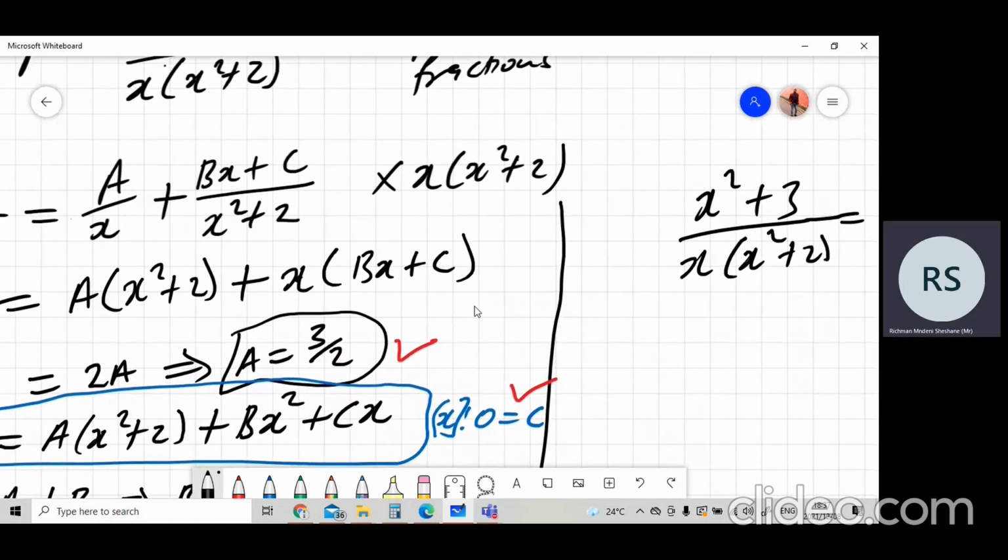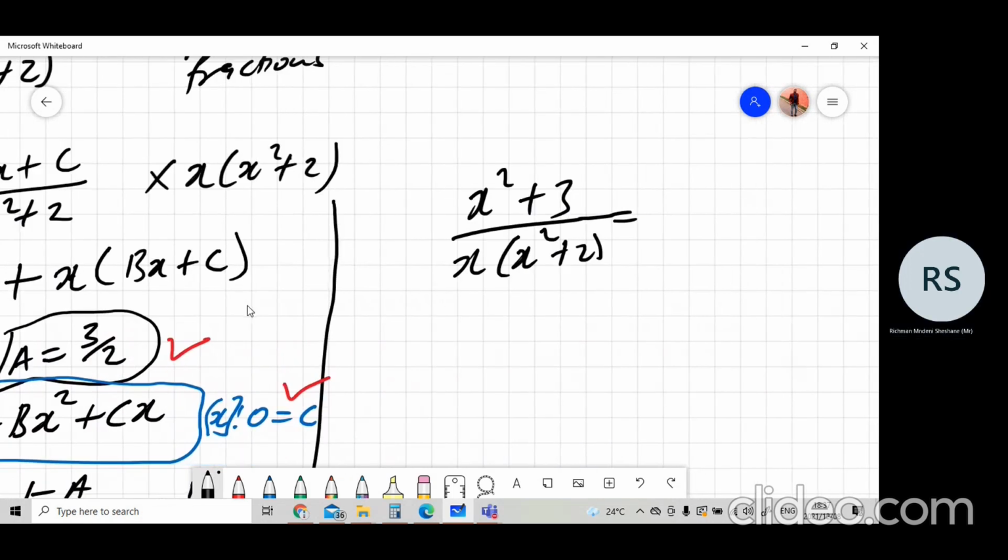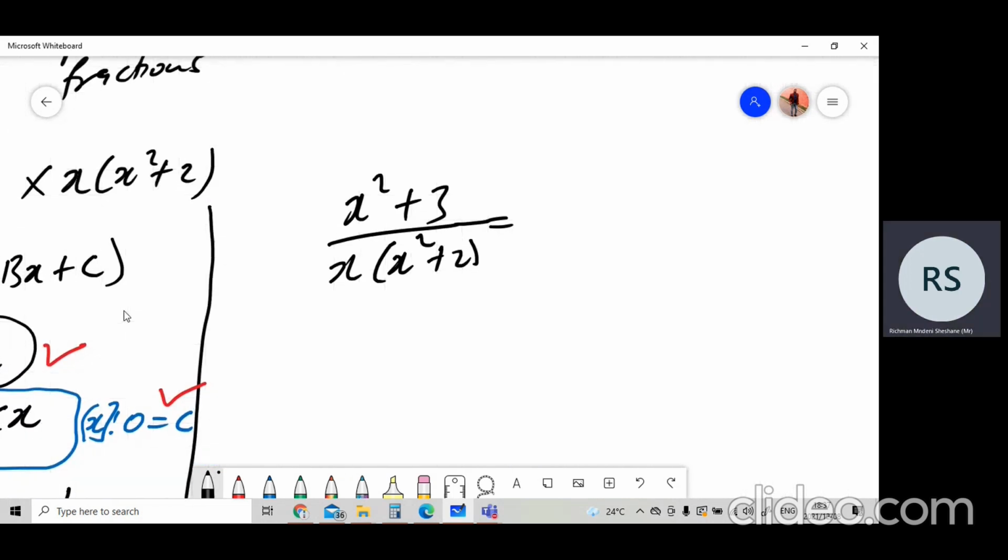A over x, our a is 3 over 2, so 3 over 2 over x.